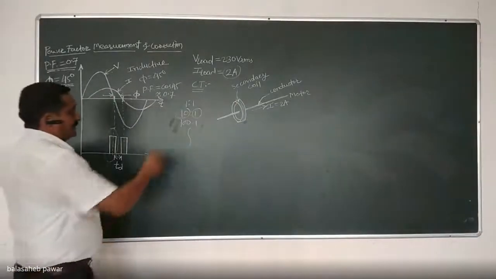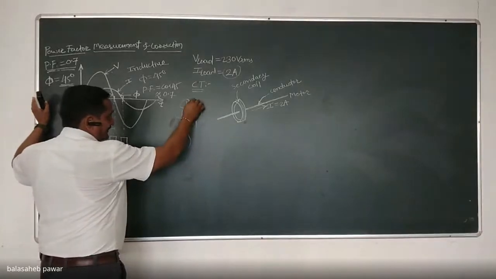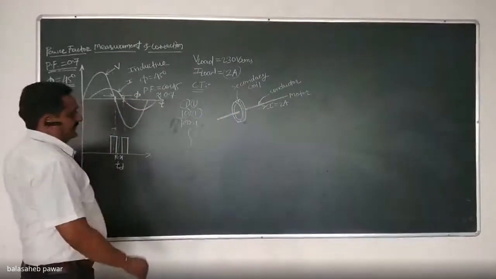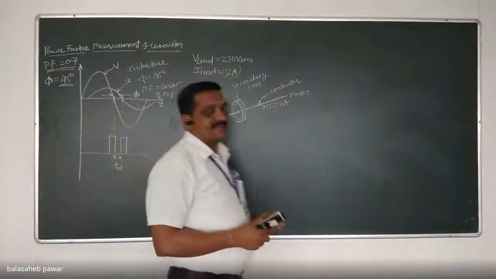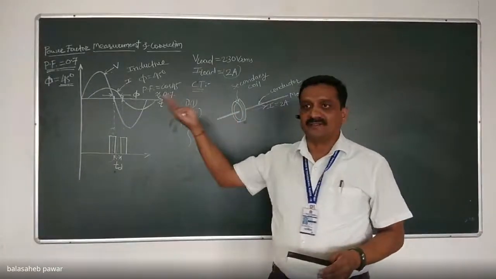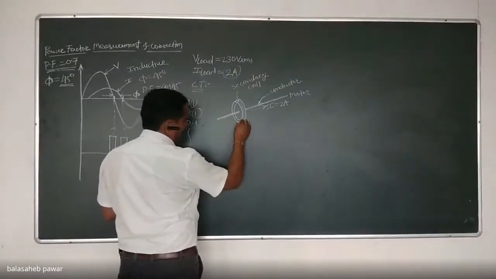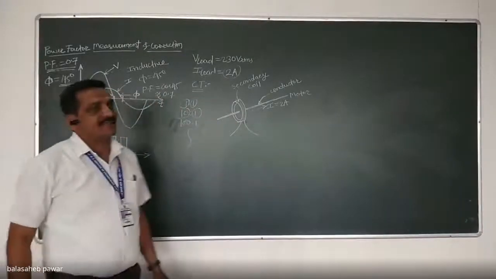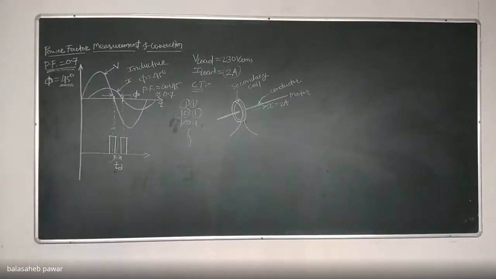But 1:1 means when 1 ampere of current flows through this conductor, the same 1 ampere current will be induced in the secondary coil. And the same for 100:1. That means 100 ampere through the conductor, which itself is acting as the primary, and by that 1 ampere will be induced in the secondary coil. So this is the basic working principle of the current transformer. There are again two terminals of that secondary, starting terminal and end terminal, right? Is it okay about CT?